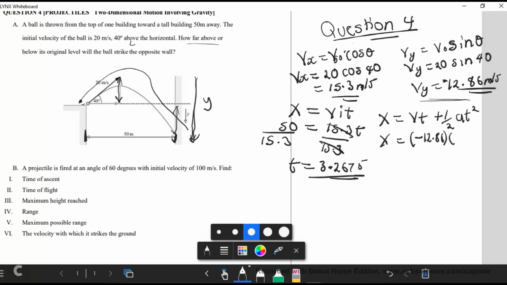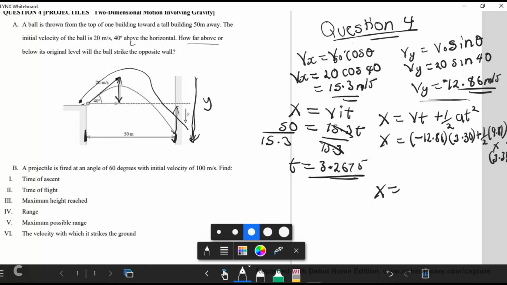What's the time? It is 3.3. Then this is supposed to be 9.81 times the time, 3.30. Remember, it's squared there. When you multiply there, what are you going to get?